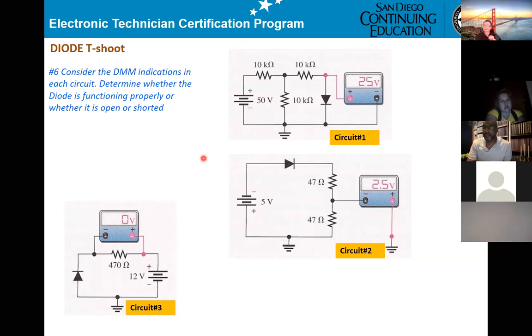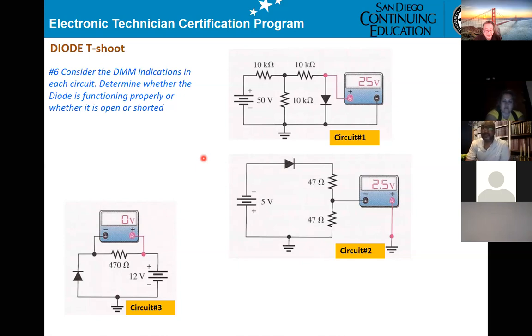And since it's not reading 0, then it must be open. It's going through the circuit. Yeah, you explain it another way. You can tell me the diode cannot be shorted, right? Yes, if shorted, you have to get 0. Correct. However, now they say they get 25 volts. Then you say the diode is open, correct?